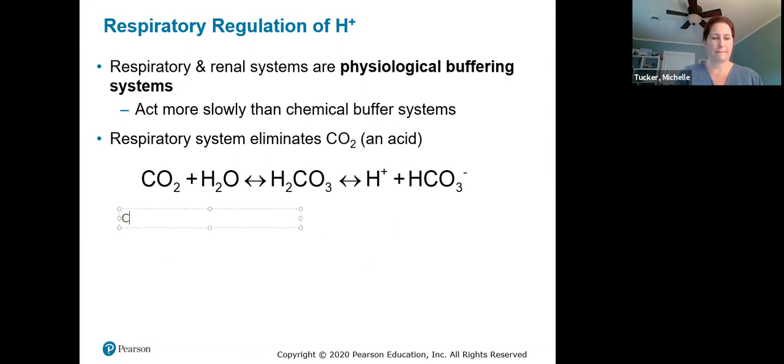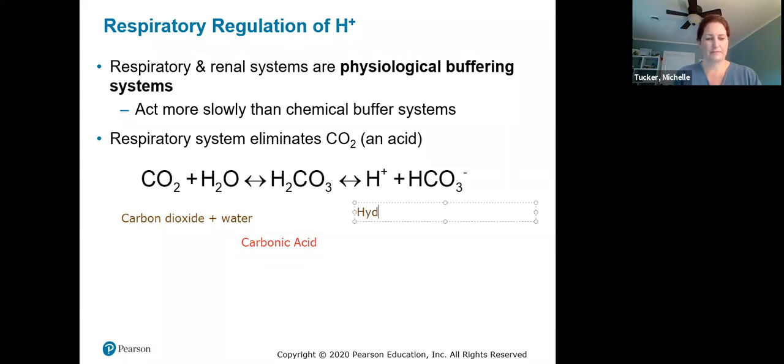So we have carbon dioxide plus water, and then this can form carbonic acid, and carbonic acid dissociates into hydrogen ion plus bicarbonate.